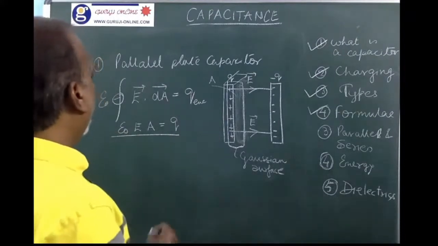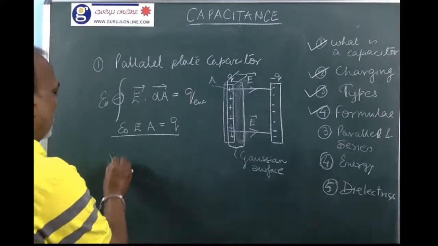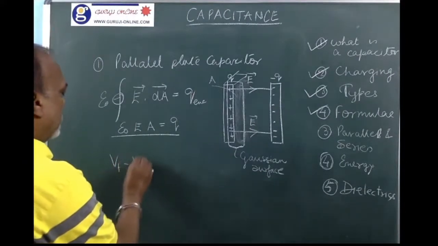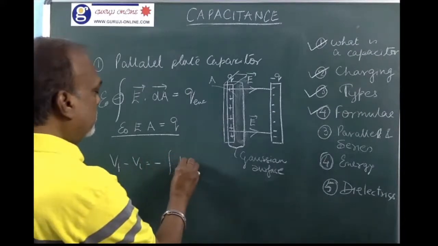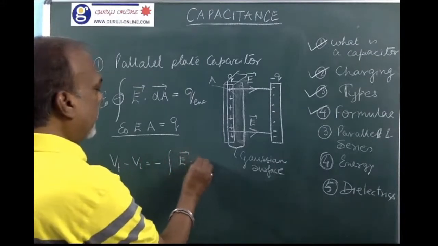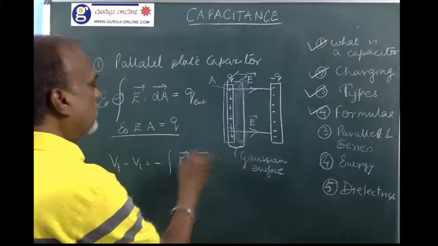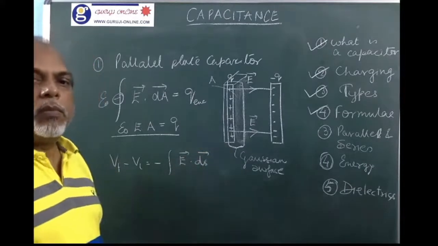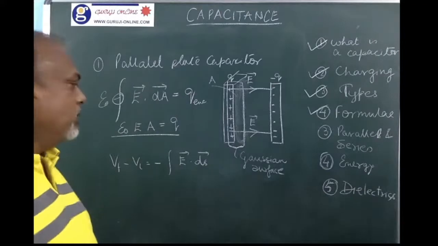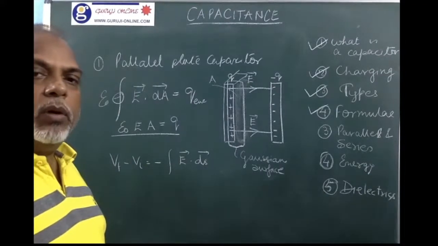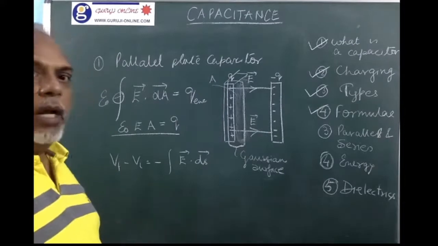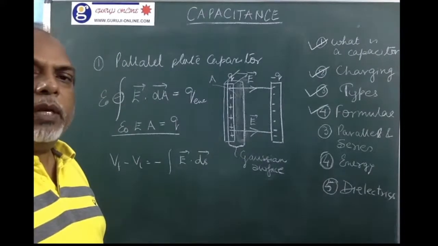Another formula we have learned, Vf minus Vi equals minus the integral of E dot ds. In our last video with respect to electric potential, we have seen this formula.